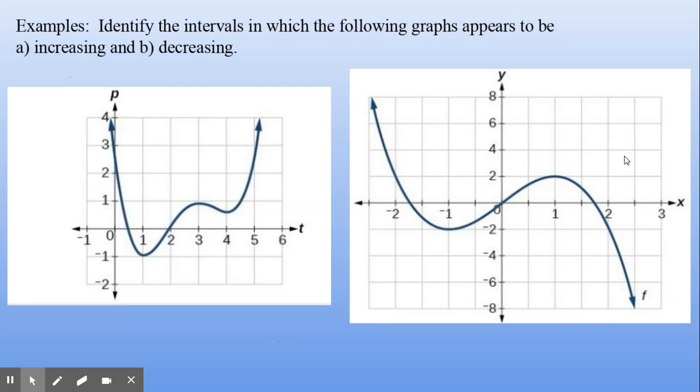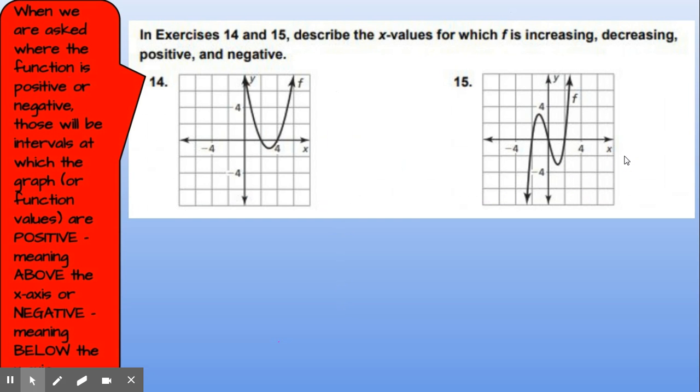Okay, and that's what we're going to be practicing continually throughout this lesson. One other thing that we're going to take a look at is not only where it's increasing and decreasing, but where the function is positive and negative.